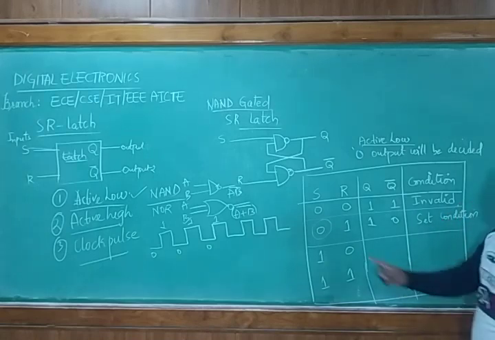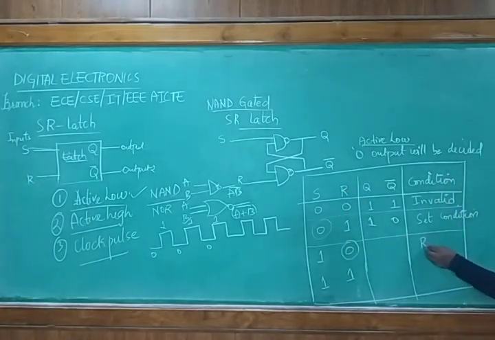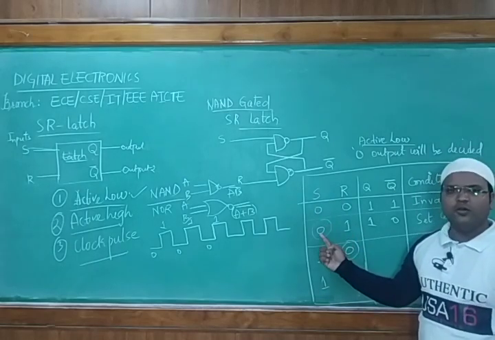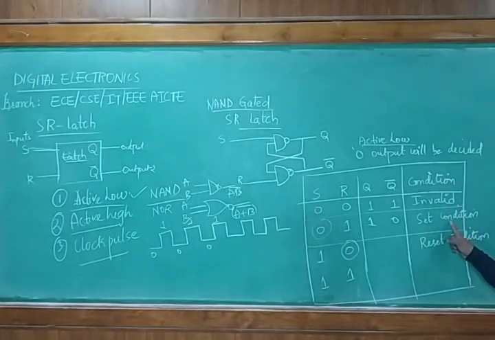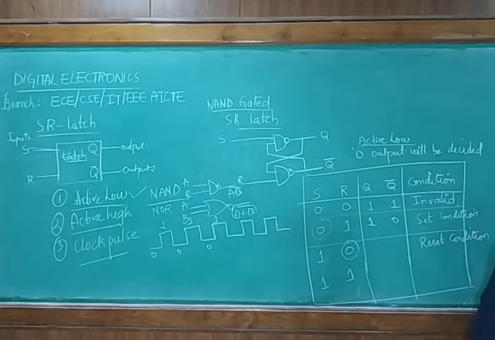Similarly, when reset is equal to 0, this is called the reset condition. We are looking only at the set bit. When set is equal to 0, that particular thing is called the set condition. When reset is equal to 0, that is considered to be the reset condition.